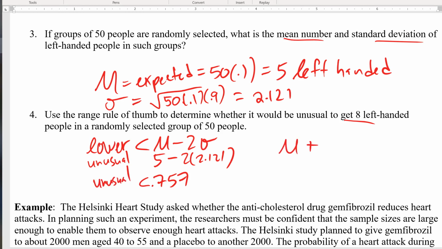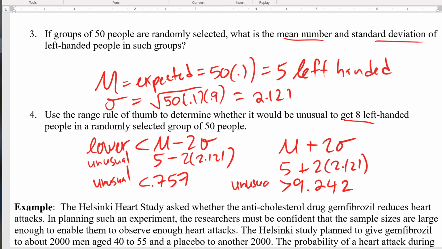Or the mean plus 2 standard deviations, 5 plus 2 times 2.121 should be 9.242. So anything greater than that would be unusual.